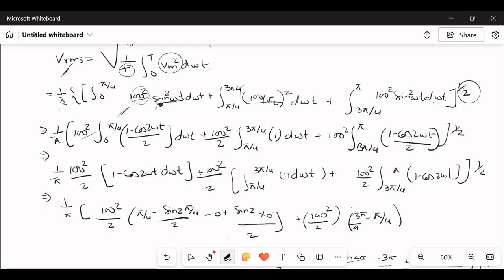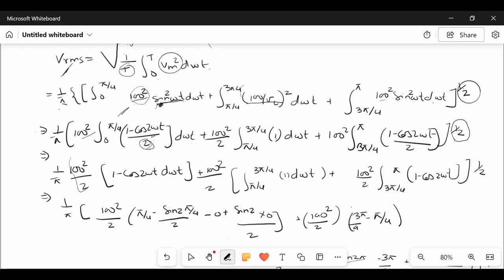For sin², we use the formula (1 minus cos 2ωt)/2 d ωt. Again (100/√2)² comes outside, and we integrate 1 with respect to d ωt. For the constants 100² and 2, we write them outside of the integration.